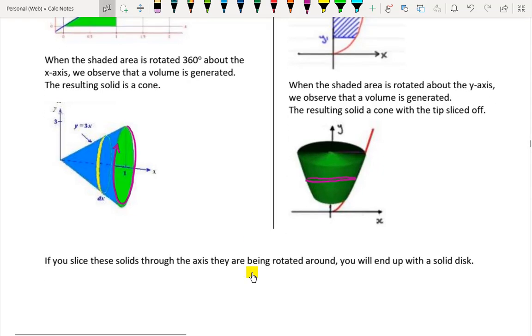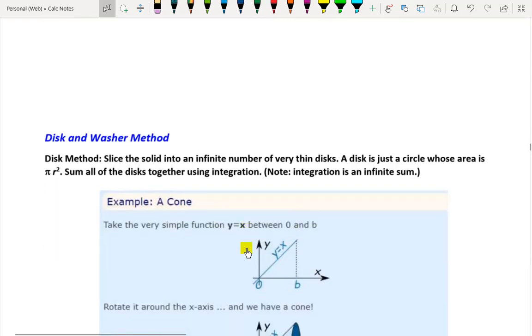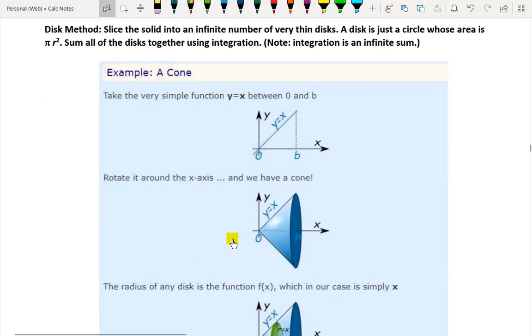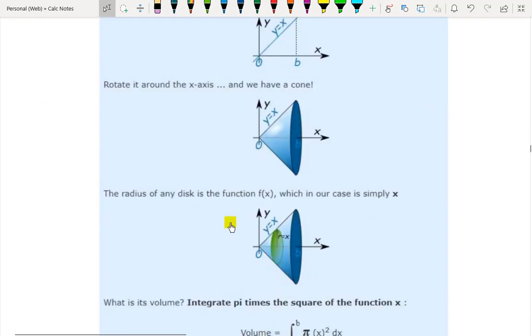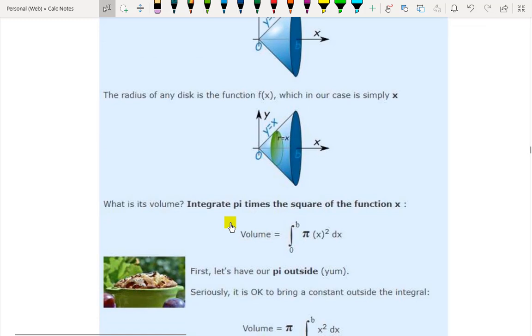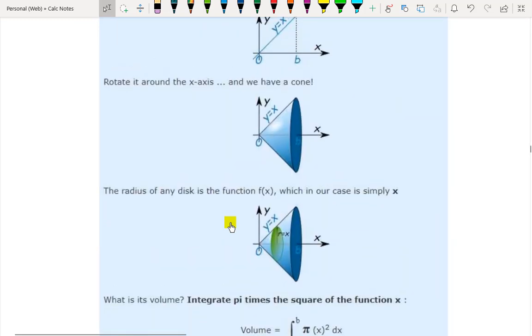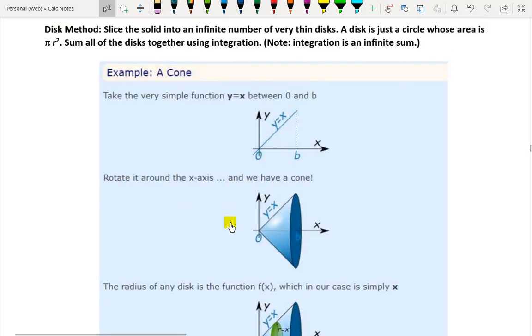Okay, I think the next page kind of says the same thing. It talks about the cone again and y equals x, so very similar to that, but it actually gets into more depth on how we find the volume. So when we rotate around the x or the y-axis, we're going to create some sort of a solid.